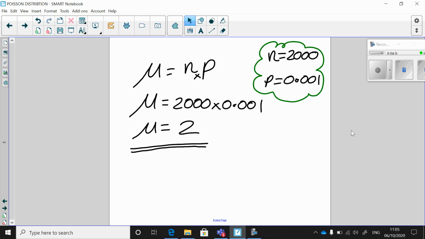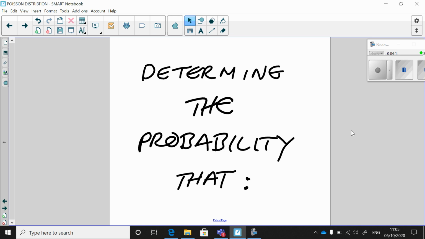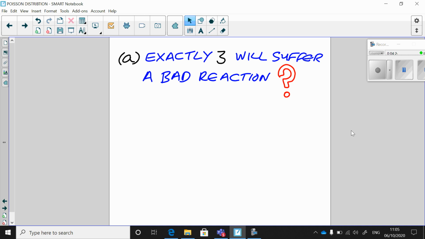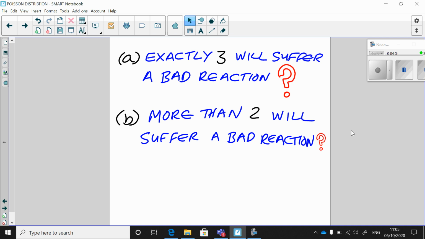Now that we've converted it to Poisson, it's more manageable. Looks like we're going to get a question here. We're going to determine the probability. Part A: exactly 3 will suffer a bad reaction. And part B: more than 2 will suffer a bad reaction.